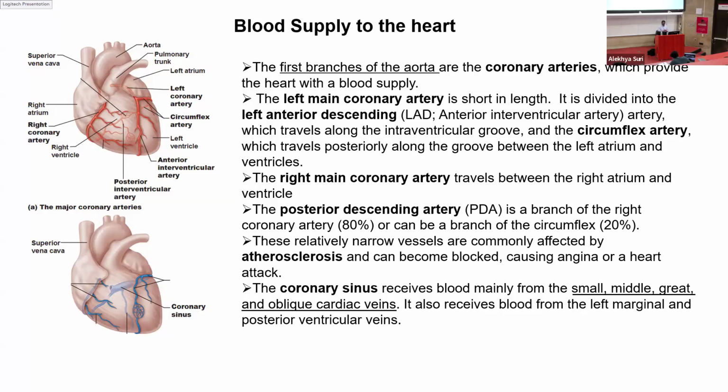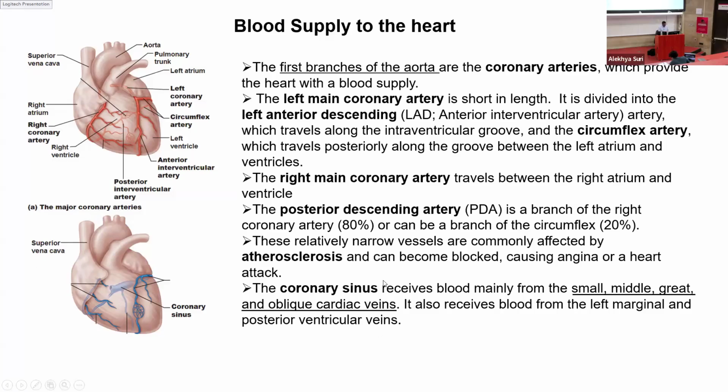But if it is derived from the right main coronary artery, it is going to affect only the left part of the heart. So it has a clinical relevance. You don't need to remember all those things. Mainly the posterior descending artery is involved in supplying blood to the right part of the myocardium.